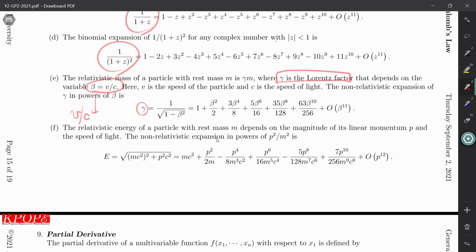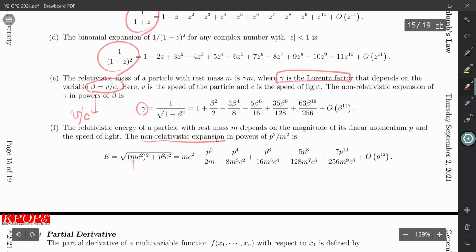In addition, in relativity, you'll find that the energy of a particle is the square root of rest mass m c squared, where c is the speed of light, squared plus p squared c squared. And if momentum p is very small, then we can make a non-relativistic expansion.